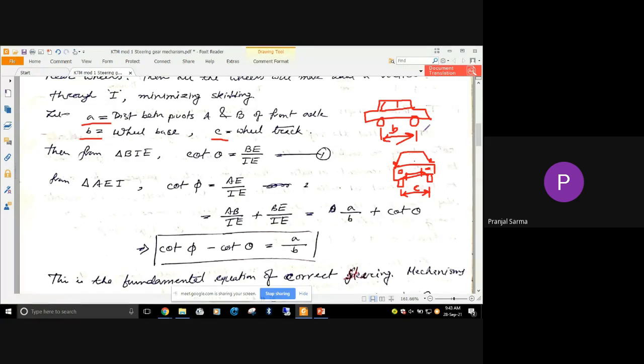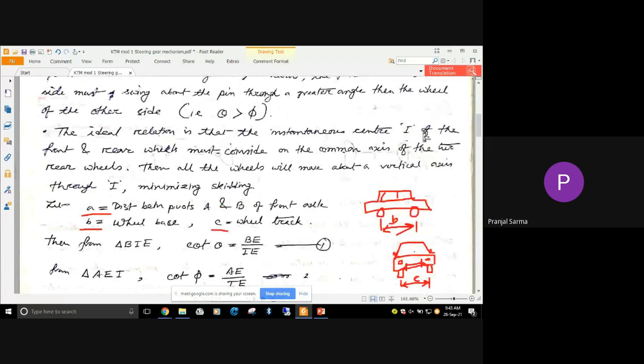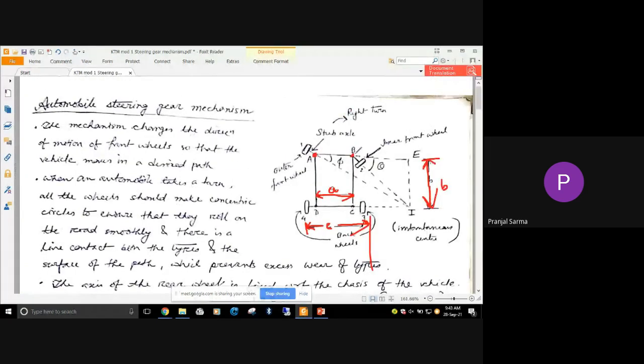Now, if I consider triangles BIE and AIE, we have already extended the lines and the center position is obtained. If I drop this perpendicular, we can consider these two triangles AIE and BIE, which encompass both the angles theta and phi.